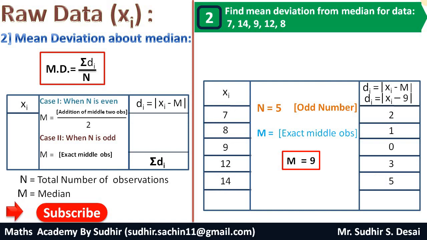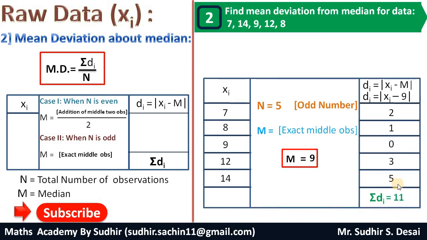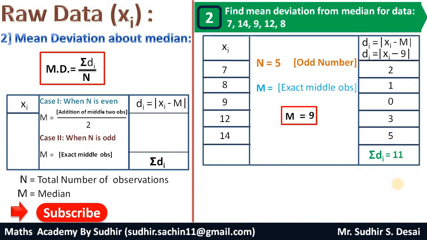Now at last we have to take the addition of column di, summation di. So what will it be? 2 plus 1 is 3, plus 0 is 3, 3 plus 3 is 6, 6 plus 5 is 11. So this is the summation of di. Now let's find the mean deviation from median. How to write the formula of statistics?